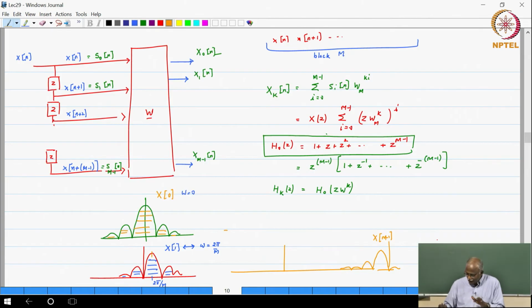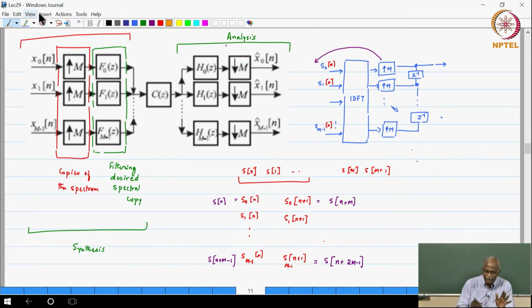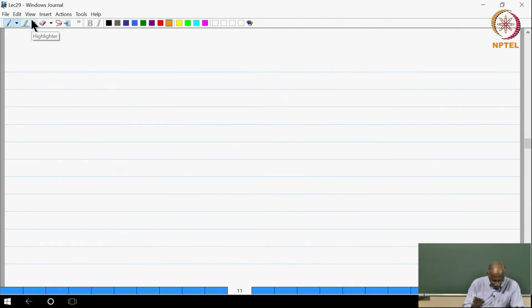DFT filter bank, and maybe a few statements in this regard would be helpful. Again, I am sure you will remember it once you look at the expression.